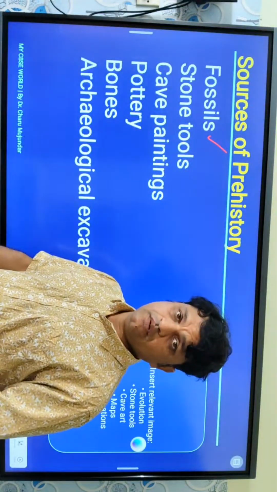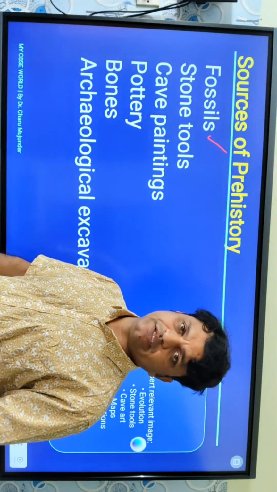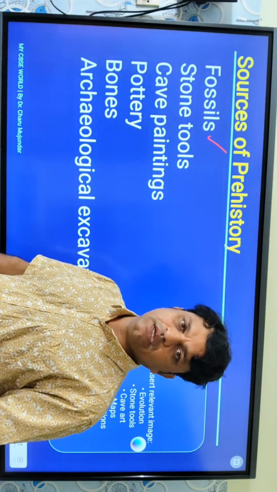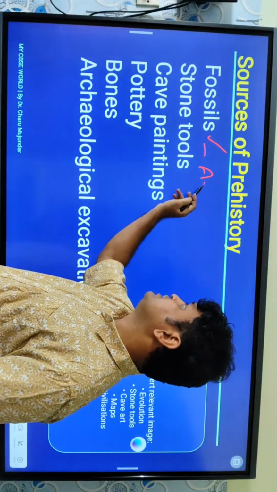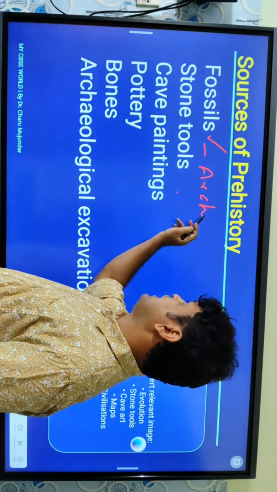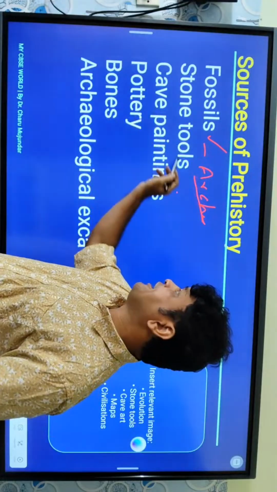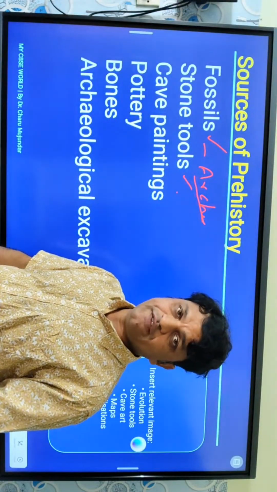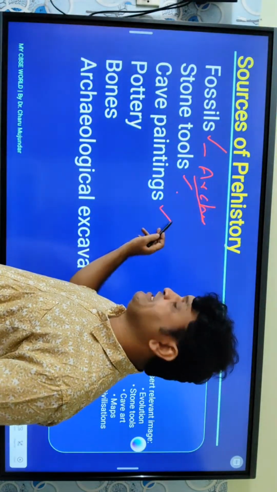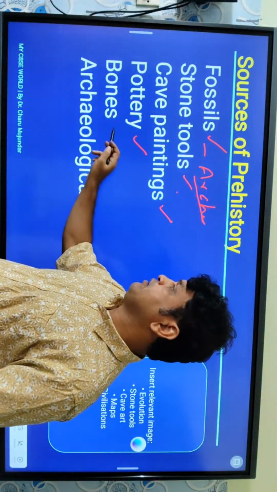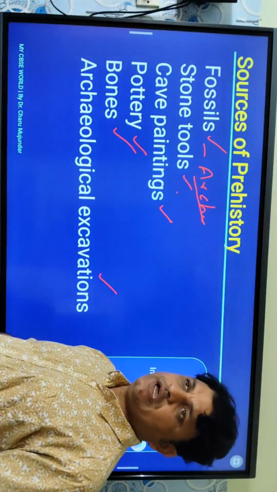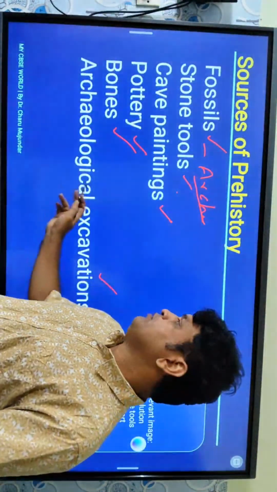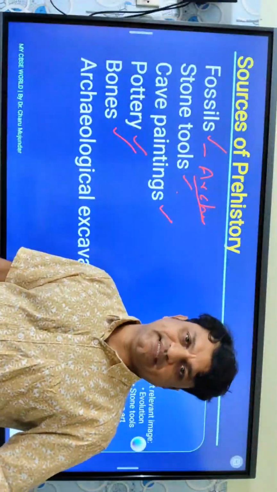We will do the radiocarbon dating method, C14 dating method. It is mostly done by archaeologists. Archaeologists will study these fossils and stone tools, cave paintings, pottery, bones and archaeological excavations, through which we can study the human past.